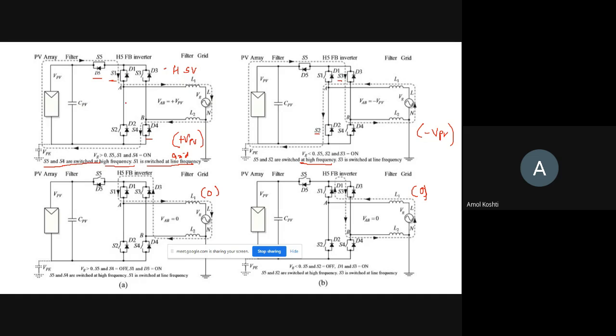As these are reactive elements, L and C, we can call this a reactive power exchange. If there is no zero component, reactive power exchange takes place between CPV and the filters at the grid side. We have to avoid this reactive power exchange to produce a better output.